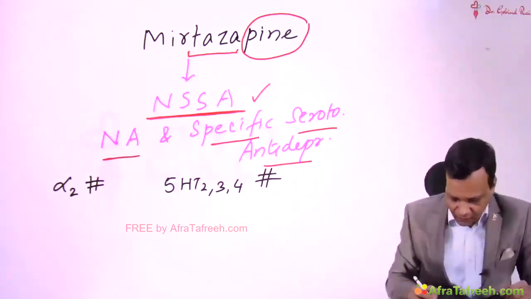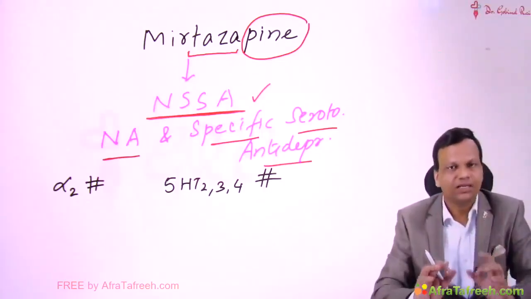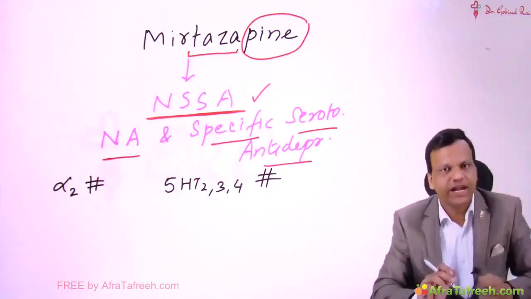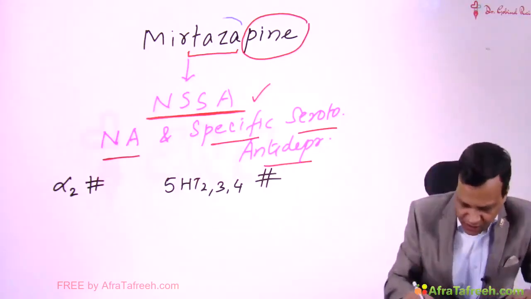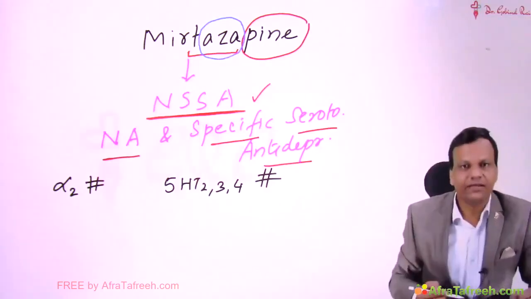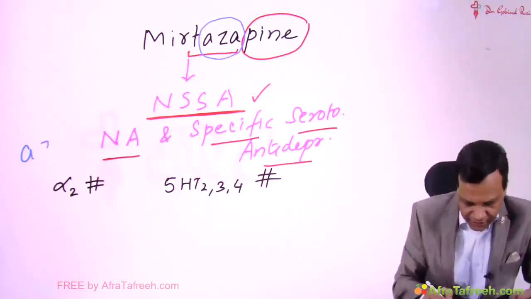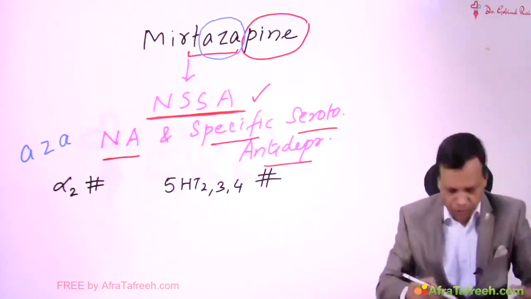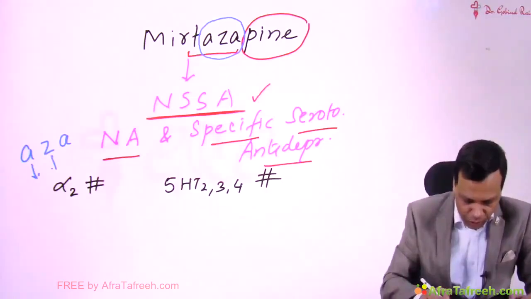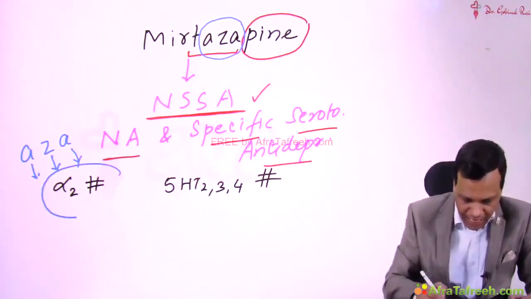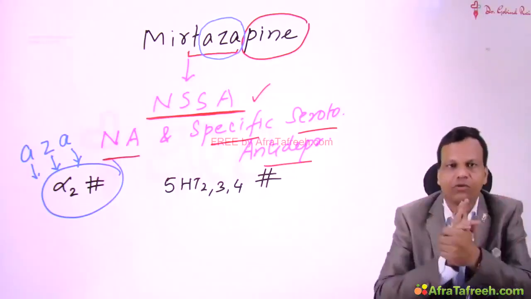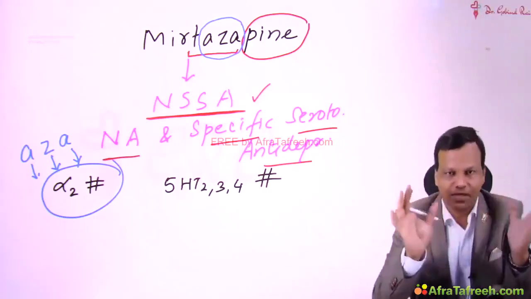Now further, from the name also you can remember which receptors are blocked to increase noradrenaline and serotonin. If we see, the name contains AZA. If we write AZA, it looks like A2A. So you can remember alpha 2 antagonist. Okay? So these are the important points regarding mirtazapine.